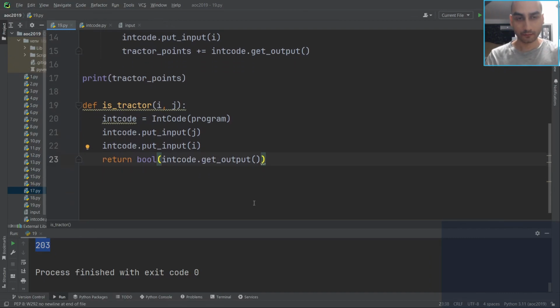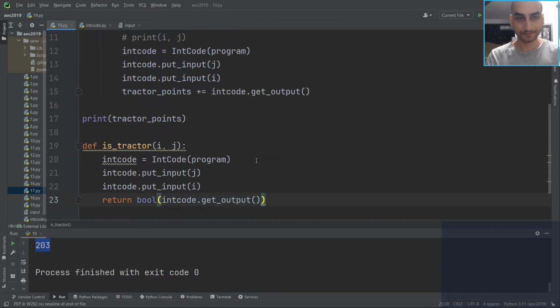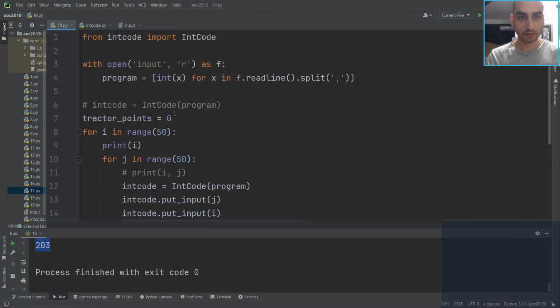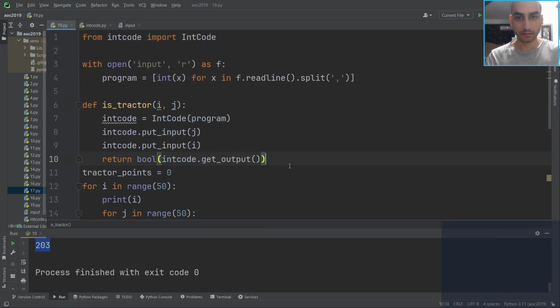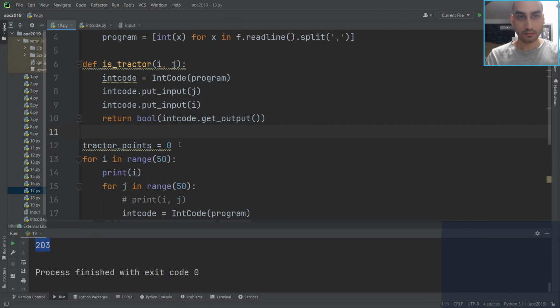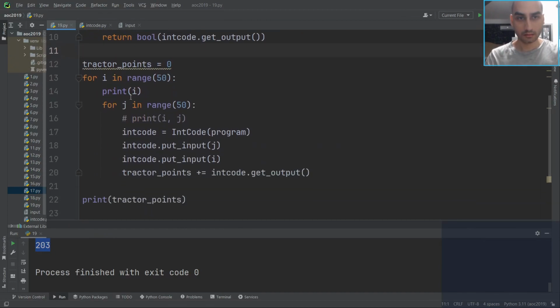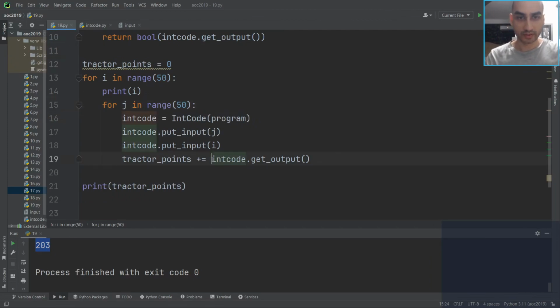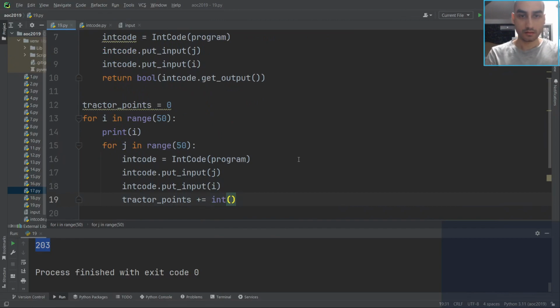Okay. So if we put this one up here, then it's tractor_points += int is_tractor(i, j).